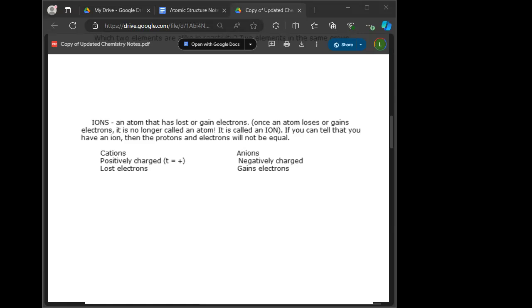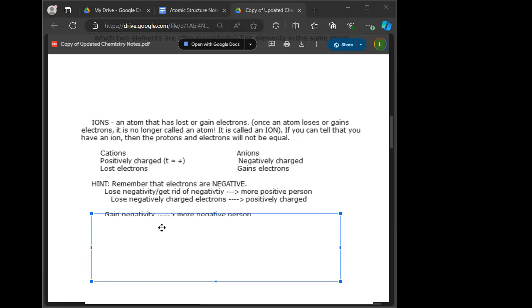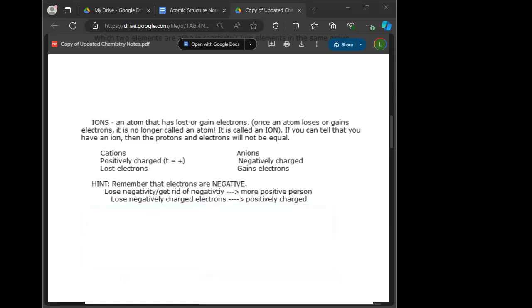If you lose negativity, then you become a more positive person. And so when the atom loses negatively charged electrons, it will also become positively charged. That's how it becomes positively charged, from losing.